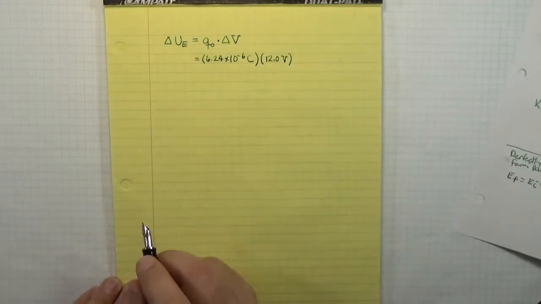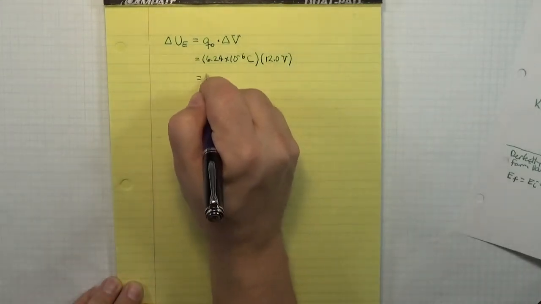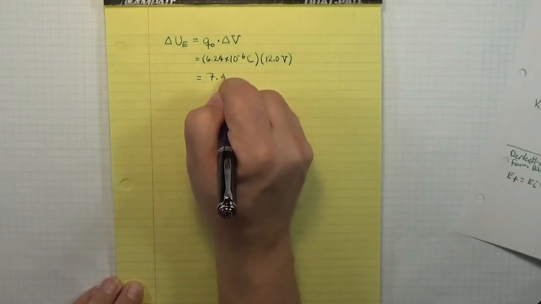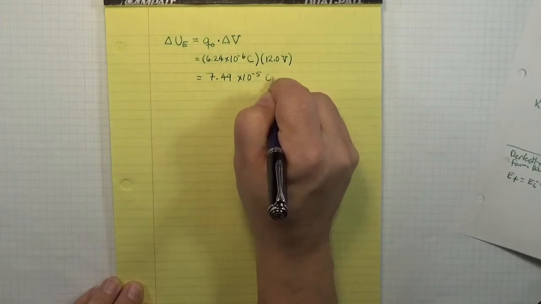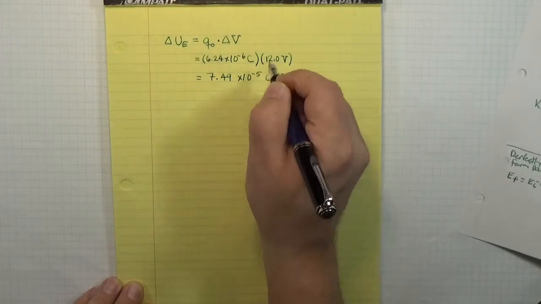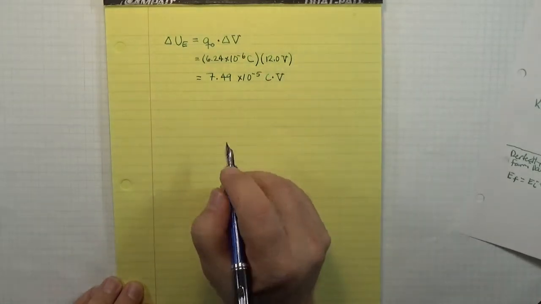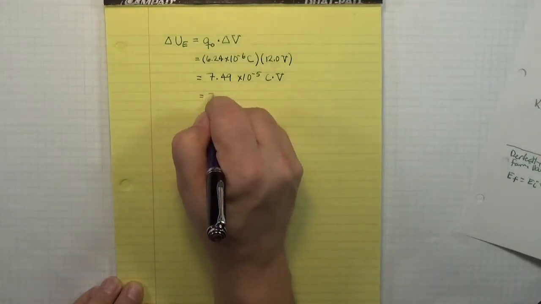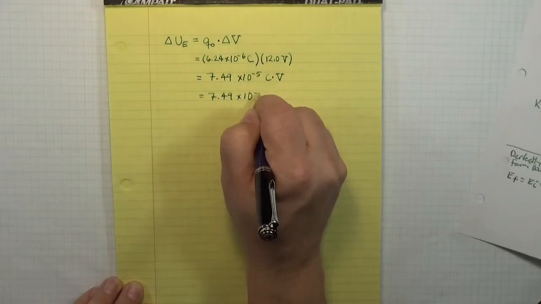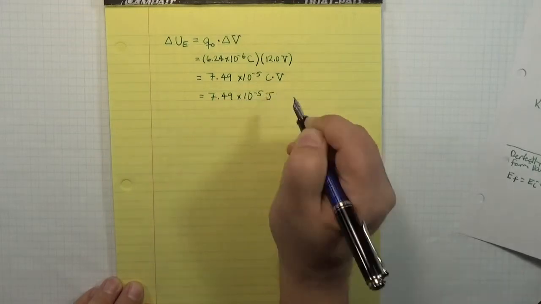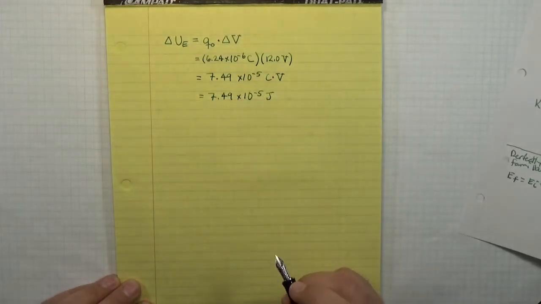And so if I multiply those two numbers together, I get 7.49 times 10 to the minus 5 coulomb volts, but I work in SI units. The coulomb volt is the same thing as a joule, so this is 7.49 times 10 to the minus 5 joules, which is indeed energy as I expected.